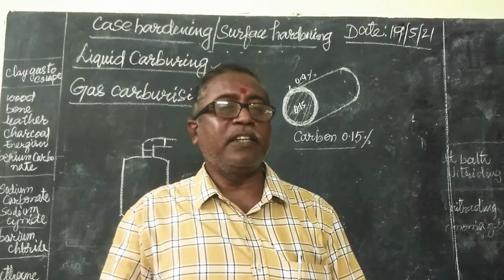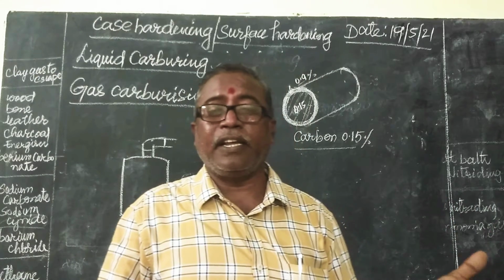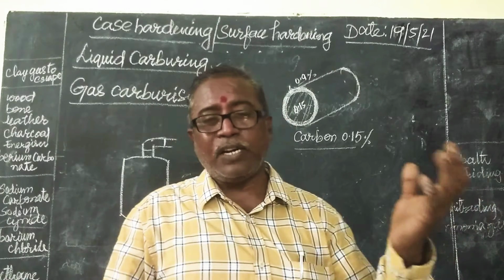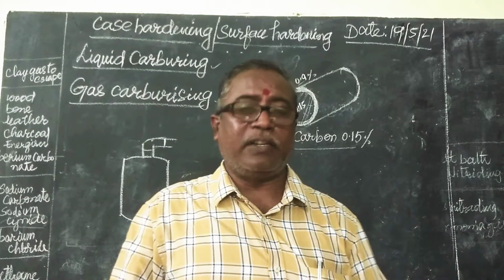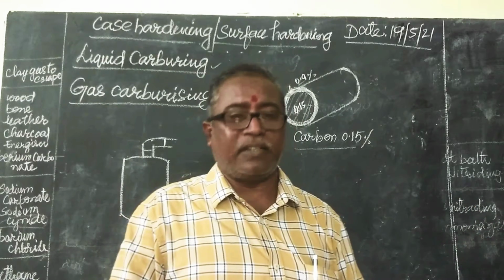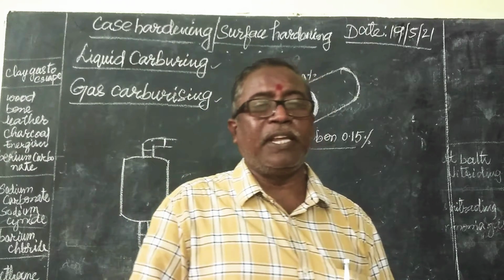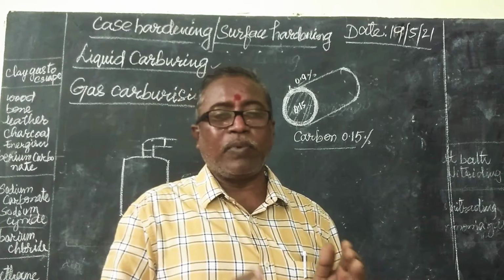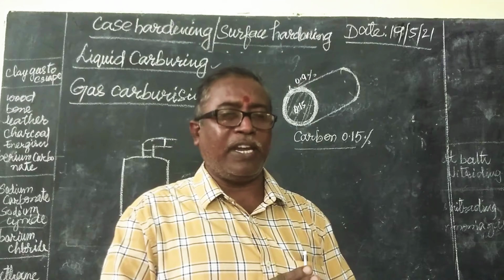In gas nitriding, ammonia gas is used. In salt bath nitriding, nitrides and carbon both will be together. So both nitrides and carbon will be there in salt bath nitriding. Keep that in mind, which one we are doing.